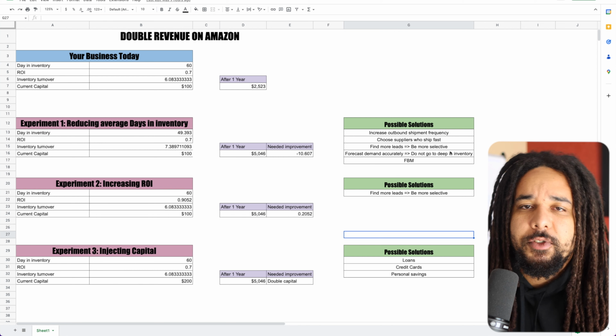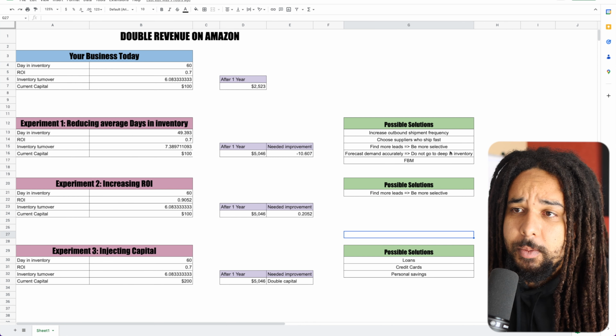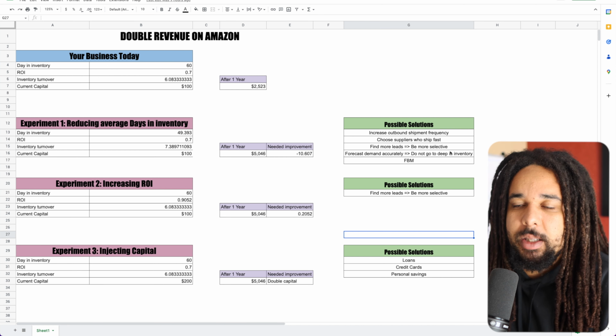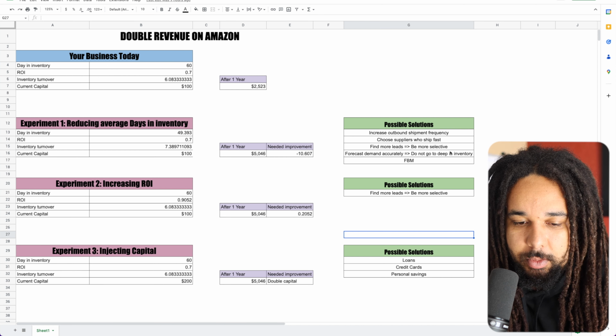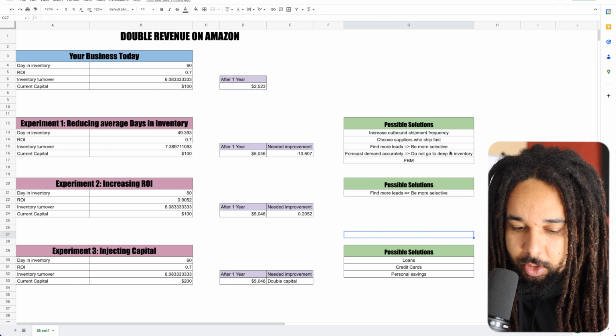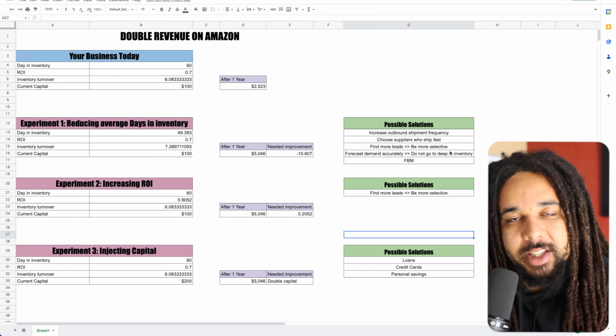The last thing you can do is forecast the demand for a listing, for a product. You need to be more accurate, so that way you can purchase the exact amount of inventory you will need for the specific days in inventory you want your inventory to have, right?